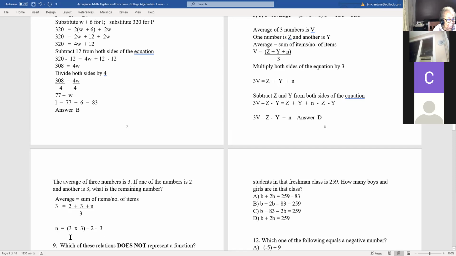But all I'm saying is that when we solved this one up here, we had 3 times 3, but now the 3 is a v, and the 2 is a z, and the 3 is a y. You follow? Yeah.